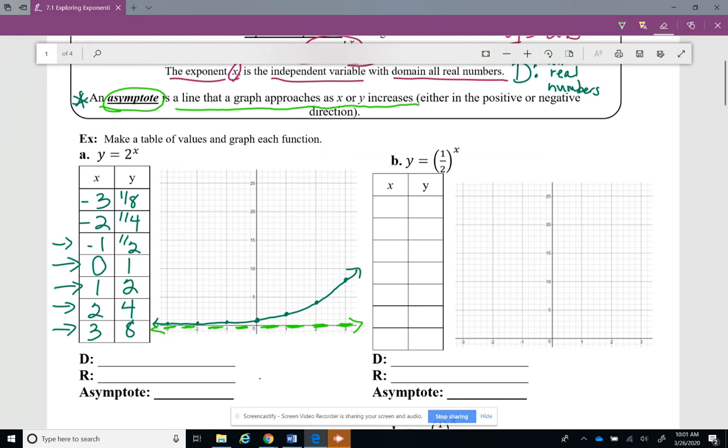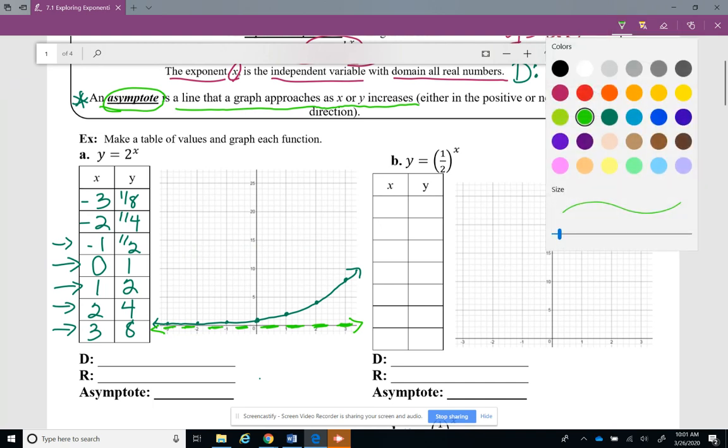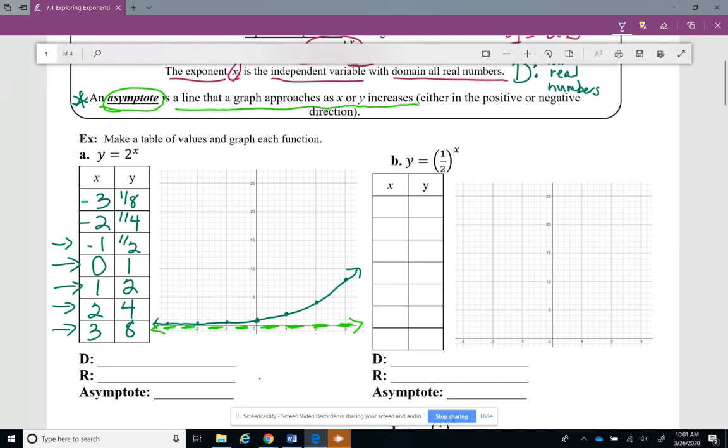But if you look at it going from right to left, you see that the exponential function is gradually getting closer and closer and closer to that line, but it's never going to touch that line. That's an asymptote. The line that the graph approaches and gets closer and closer, but it never touches it.